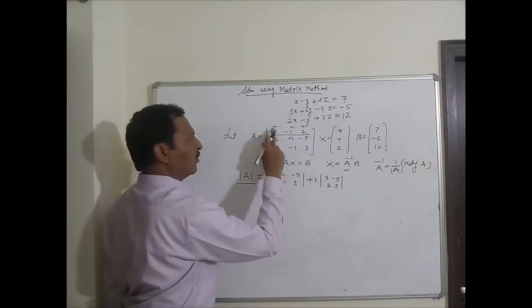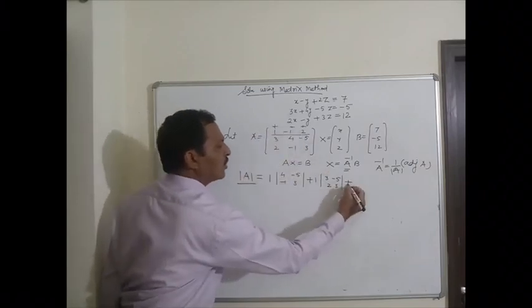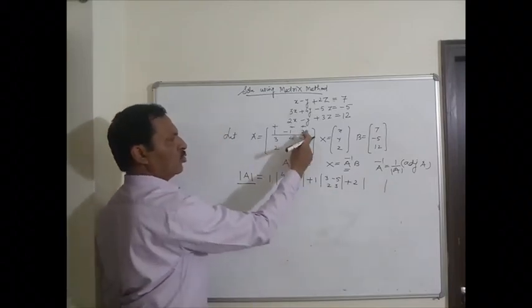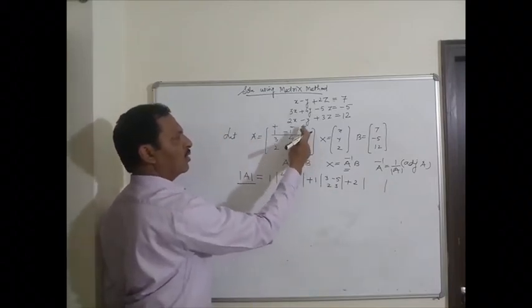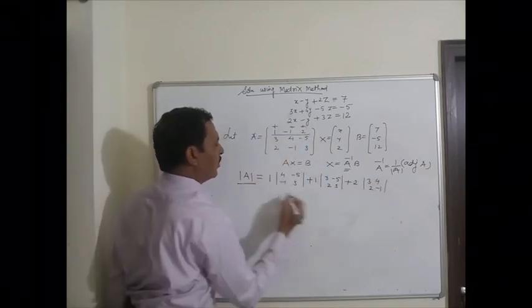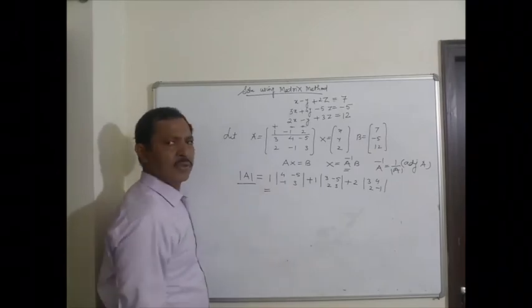Next is plus, minus, plus. So the answer is plus the element 2 multiplied by its cofactor. For this 2, with this particular row deleted and column deleted, it is 3, 4 and 2, -1. Just simplify this.